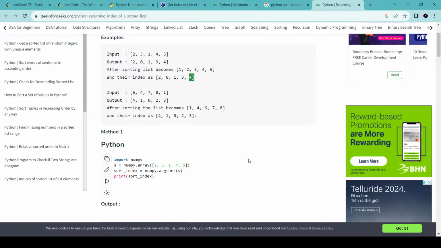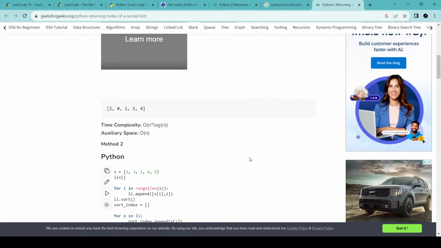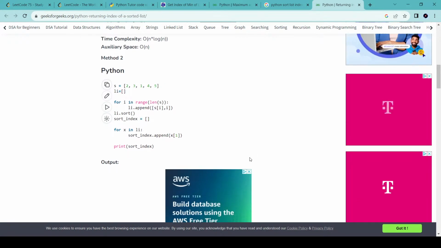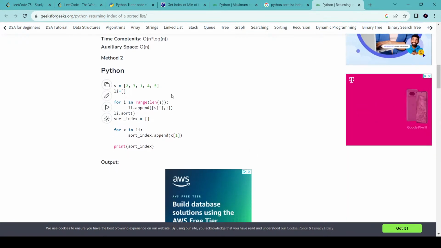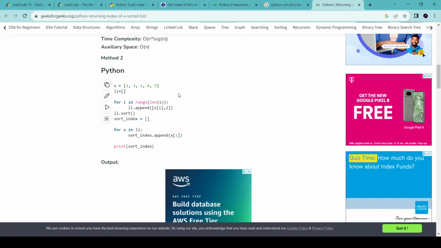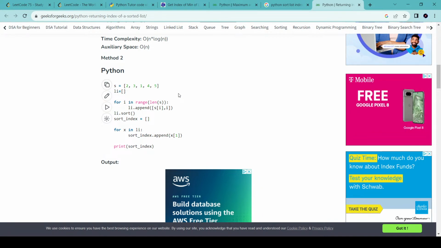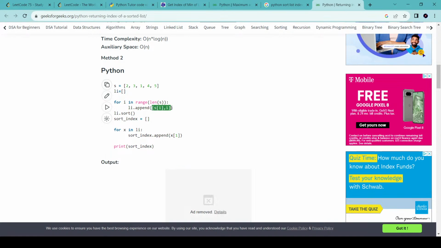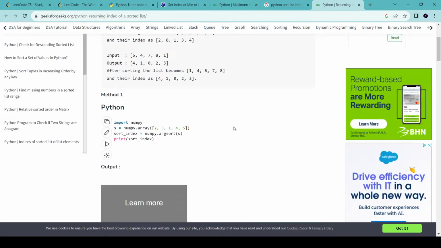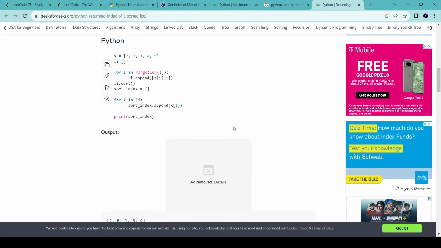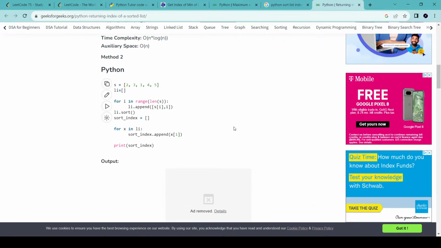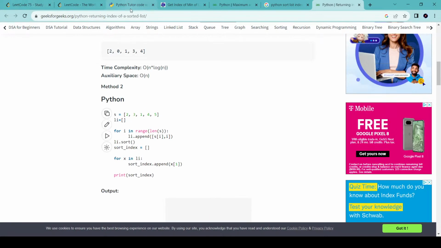We could use NumPy, which I don't know if we can do, or we can do this, which is a pretty clever way of doing it, I have to admit.